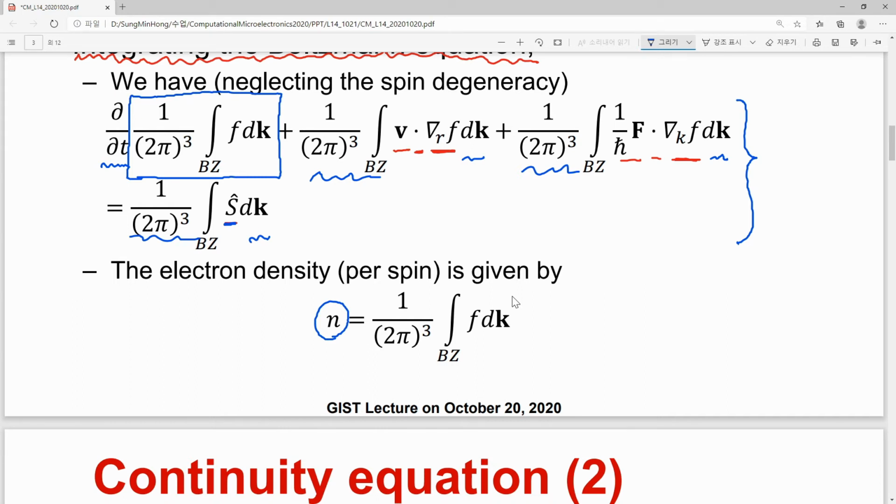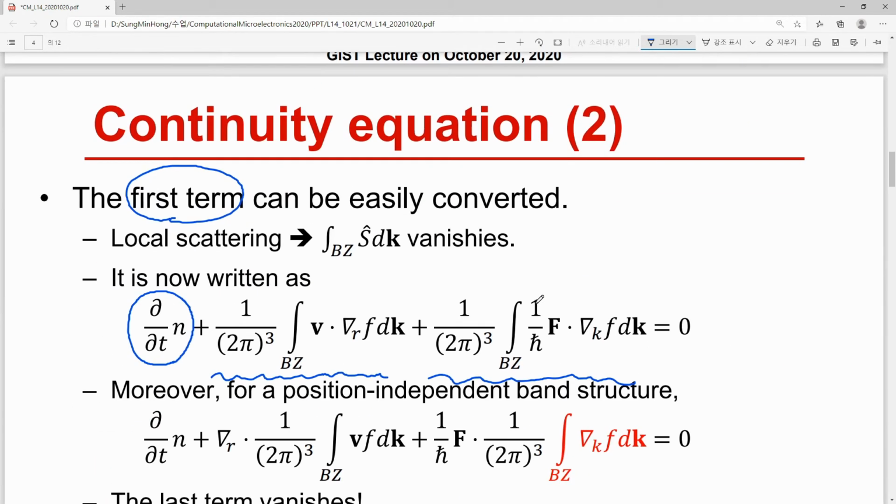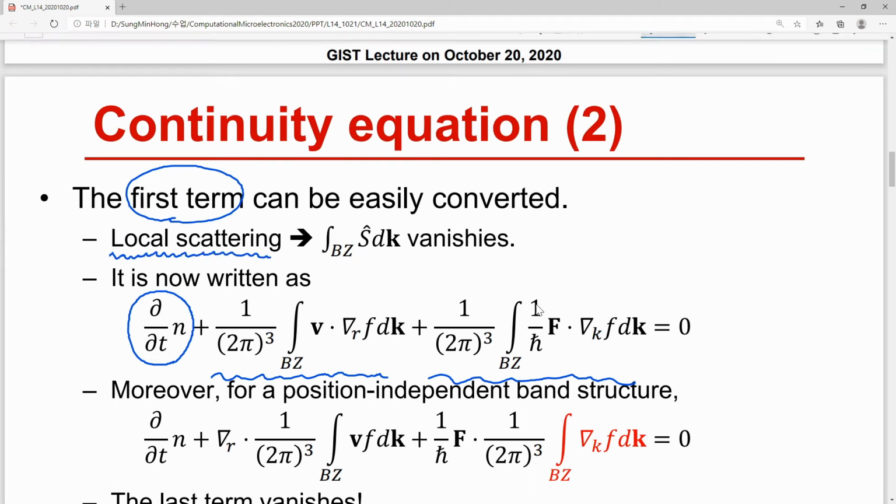But since we are working on local scattering, let's say at a certain time t0 the scattering occurs. Now electrons can change their velocity immediately, instantaneously.